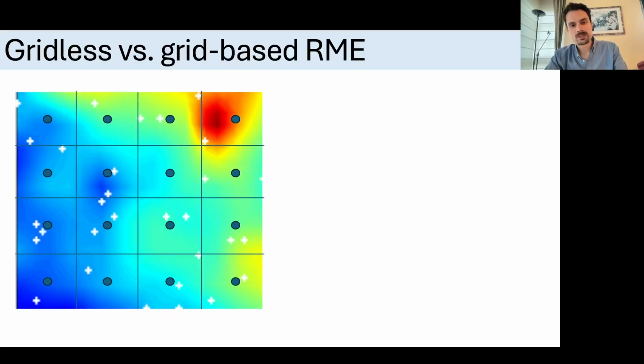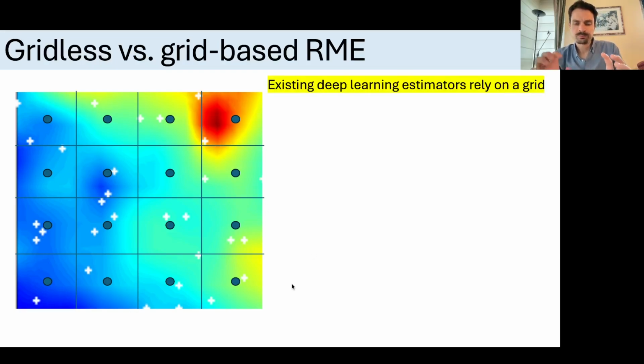I don't really want to spend much time discussing the literature in detail. It is easier if I explain the main point by means of a figure. The main idea is that all existing estimators for this problem that can learn from data rely on grid discretization.